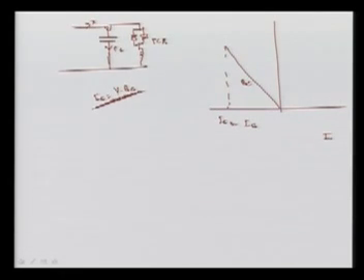Similarly, in the inductive zone we can also write BL, and we can say IL is V times BL. We have another component here, that is your BL. So this is inductive.